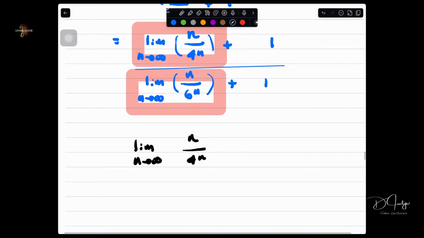What we know here is we're going to get infinity over infinity, an indeterminate quotient. So we're going to have to apply L'Hopital's rule.